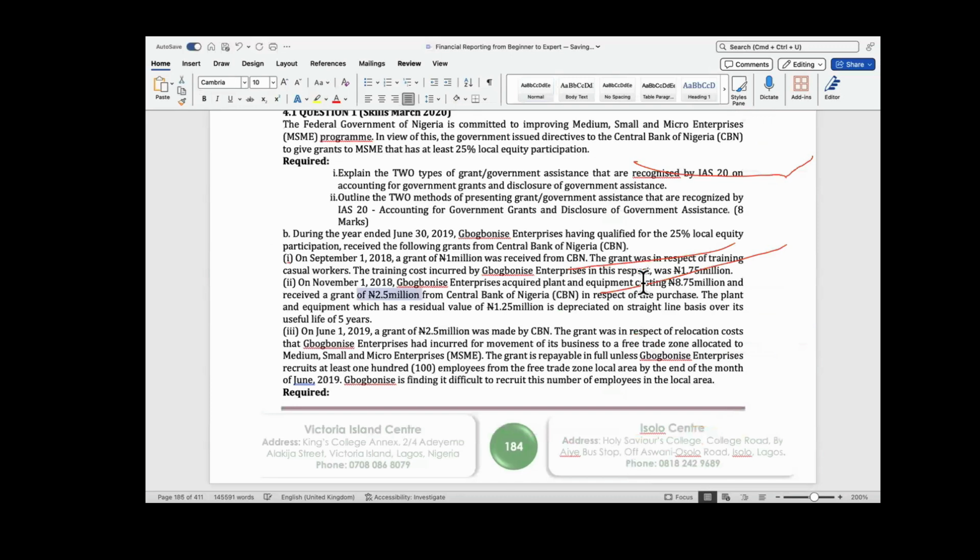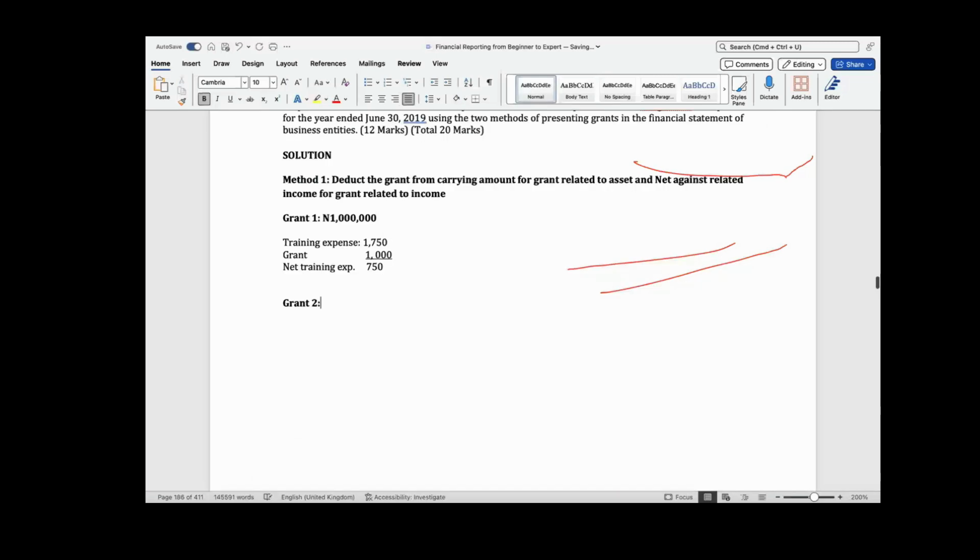The cost of the asset was 8,750,000. So grant two is 2,500,000. We want to deduct the grant from the carrying amount. So what's the cost of the asset? 8 million 750.